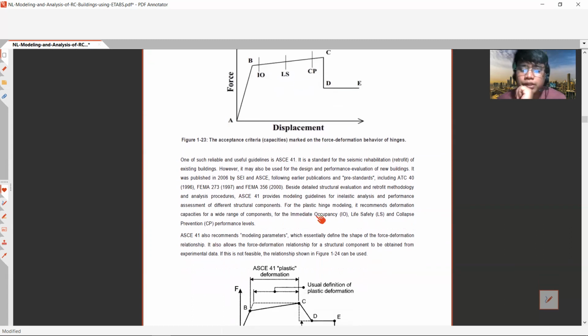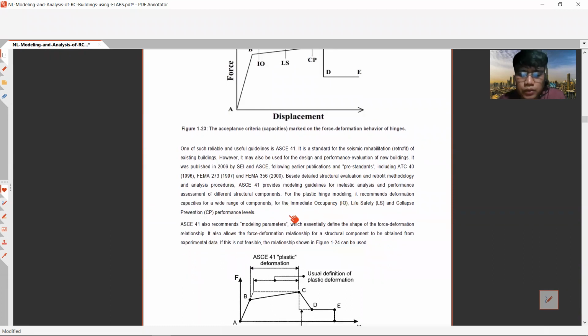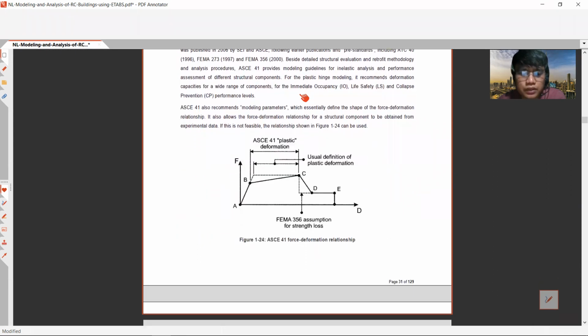For plastic hinge modeling, it recommends deformation capacity for a wide range of components for immediate occupancy, life safety, and collapse prevention. The ASCE 41 also recommends modeling parameters which essentially define the shape of the force-deformation relationship.